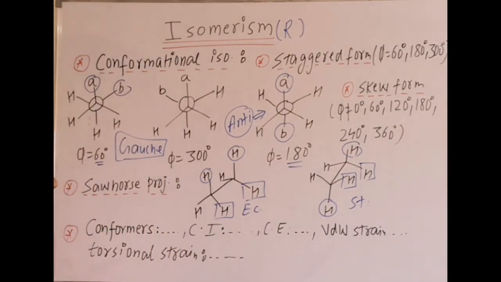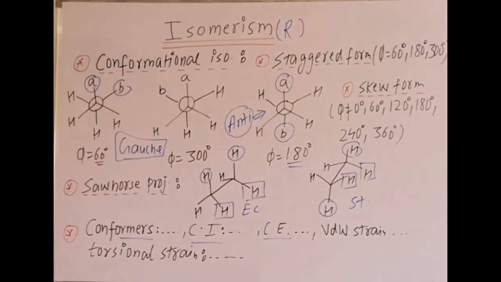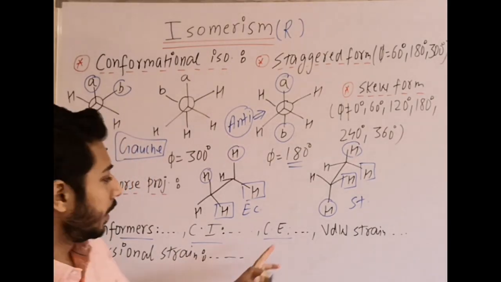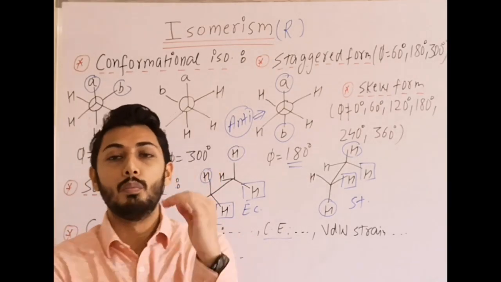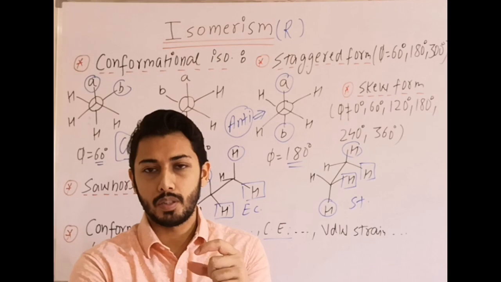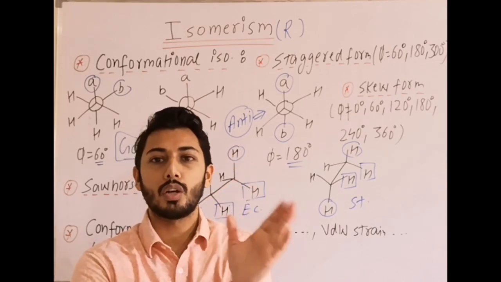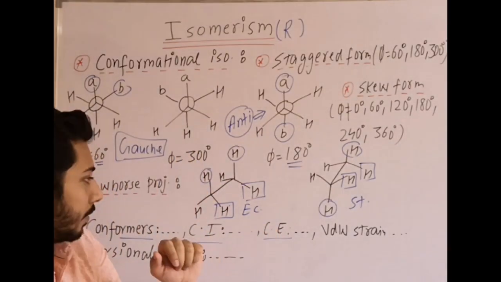Then another term is conformational energy. It is the potential energy difference between the most stable conformer and the least stable conformer. Between these two, the energy difference is termed as conformational energy, right?